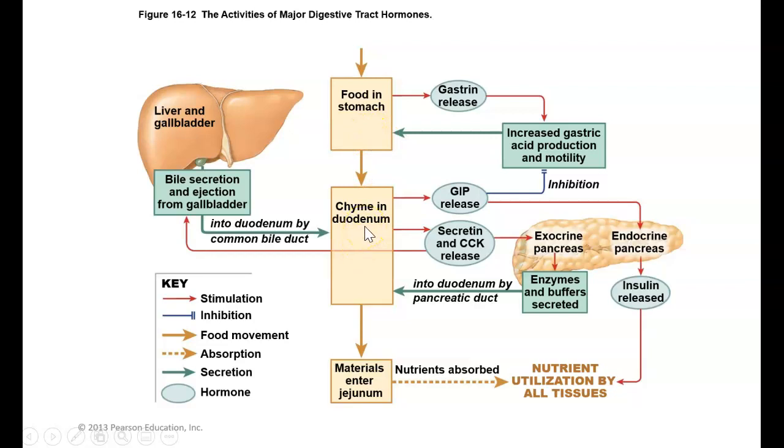Then the chyme goes to the duodenum, which is going to stimulate the release of GIP or CCK and secretin. Those will work on the pancreas and stimulate it to release insulin or enzymes and other buffers into the duodenum. And then as we enter into the jejunum, we're going to be absorbing all of those different nutrients. And then there are inhibitory factors that are put in here as well.